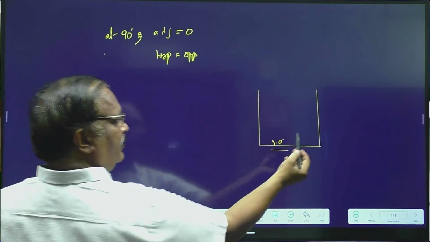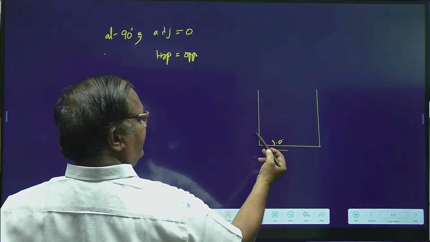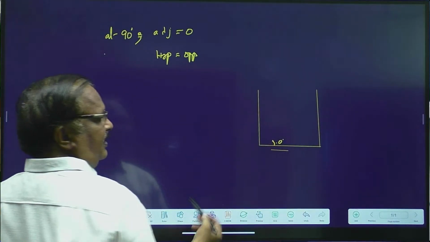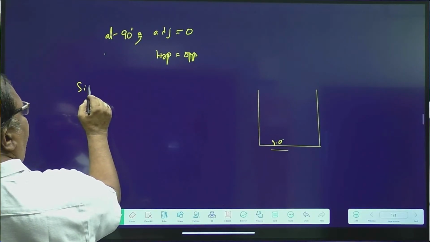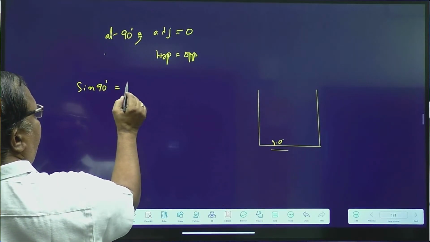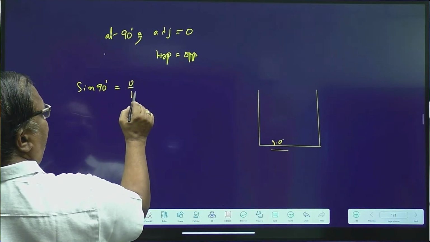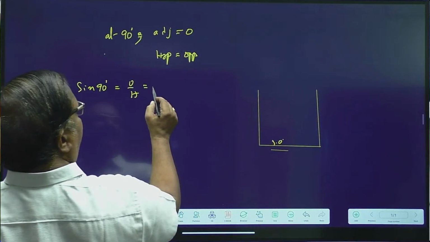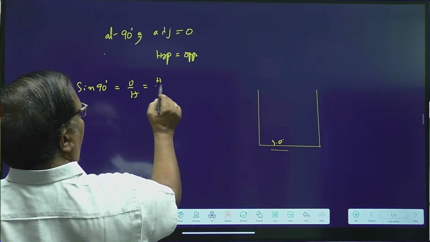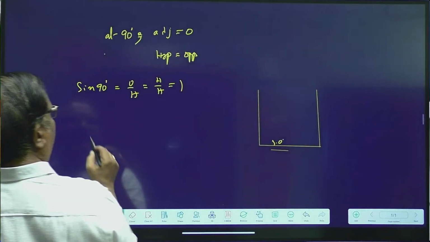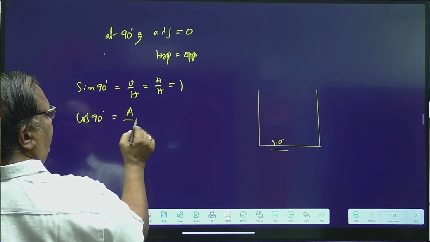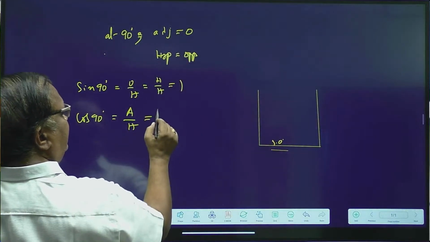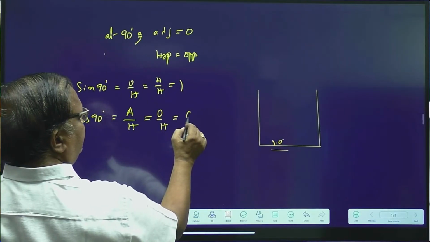So sin 90 degrees is equal to opposite side by hypotenuse, which is hypotenuse by hypotenuse, that is 1. So cos 90 degrees is adjacent side by hypotenuse, adjacent side is 0, 0 by hypotenuse is 0.